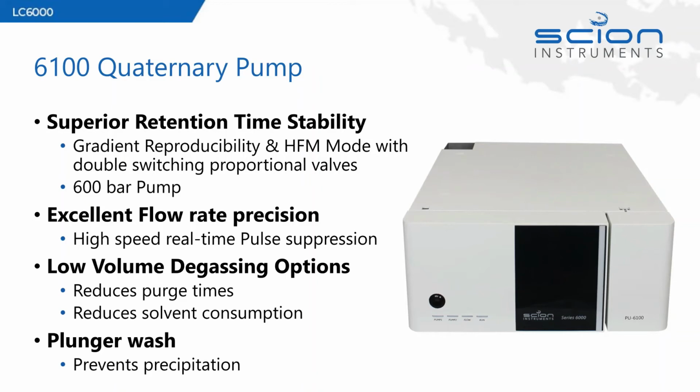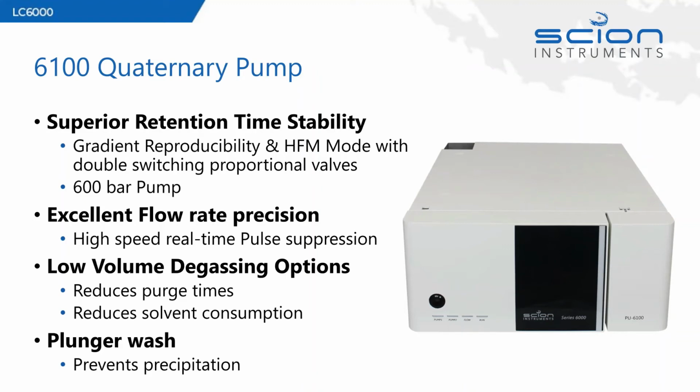This ensures that time after time, run after run, the gradient that we require is actually being delivered to the system and it's not being lost in the flow path. It also reduces the delay volume in having the gradient applied to the system. With this, we not only have excellent reproducibility, but we also reduce the baseline rippling effect, which is often seen when changing a mobile phase composition during the run.